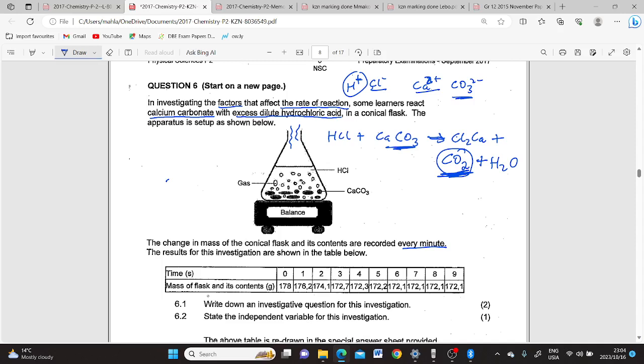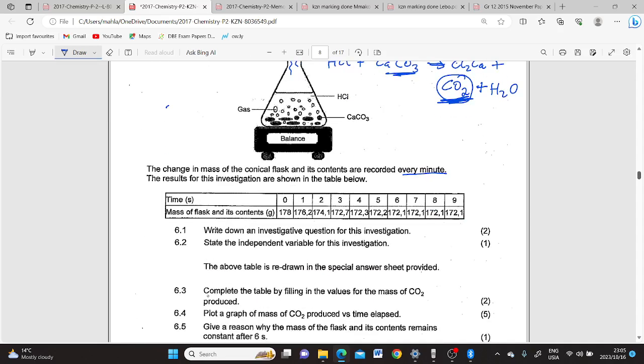So let's check the question. Write down the investigative question for this investigation. When we're saying the investigative question, there must be a question mark. What is the factor here? Talking of the independent variable of the reaction rate, the simplest one, we can say we measure the rate of reaction against time, or we can talk of the mass.